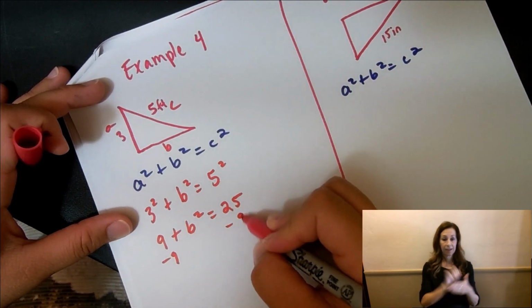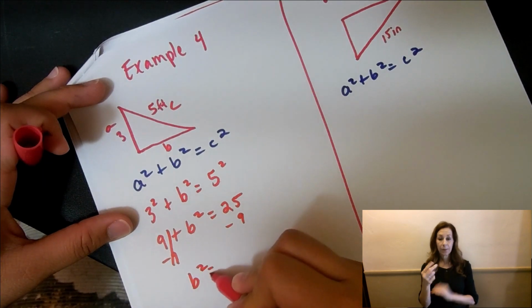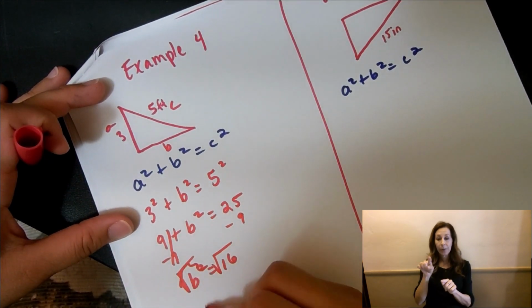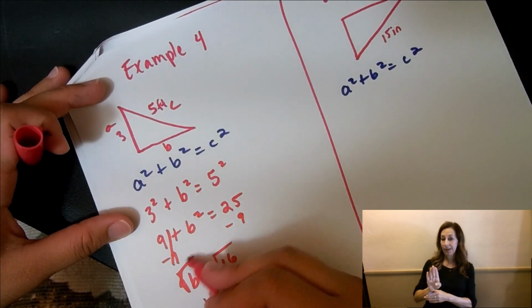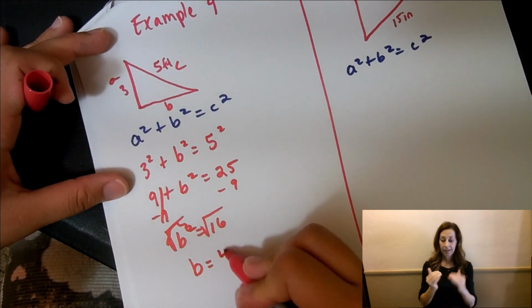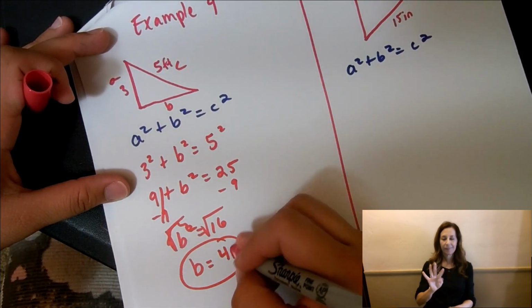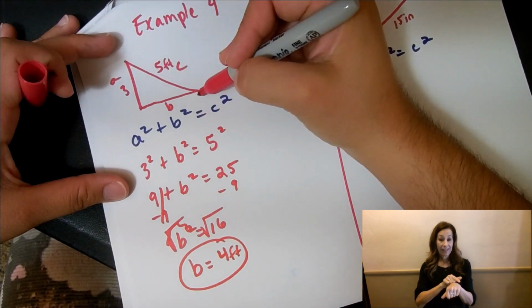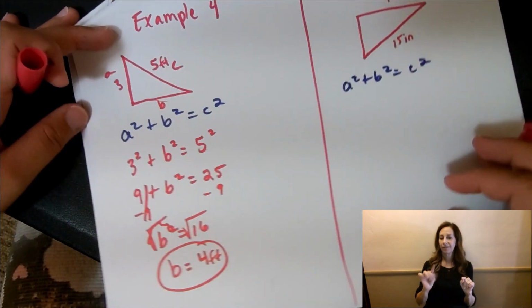Minus 9, B squared equals 16. Square root. That cancels to make 1B because the square root is the inverse of a square. Okay, so B equals 4. And it's in feet, so 4 feet. So the length from here to here is 4 feet.